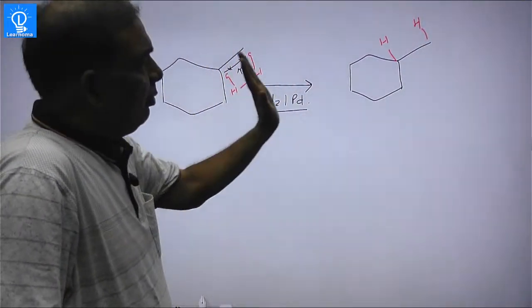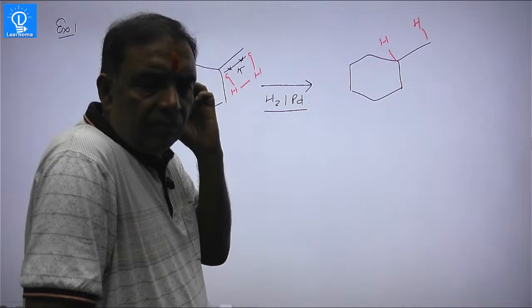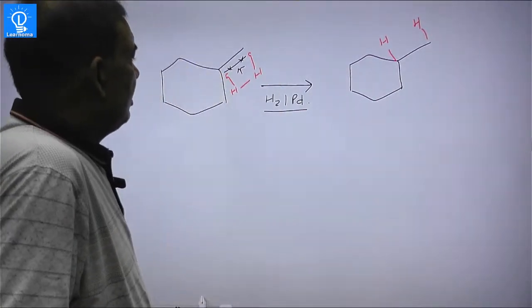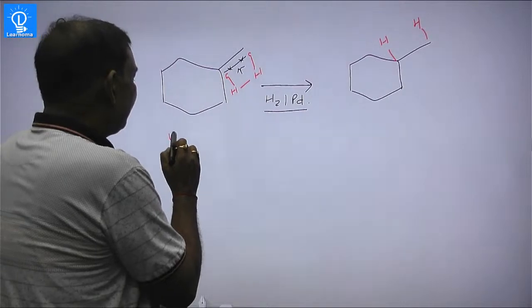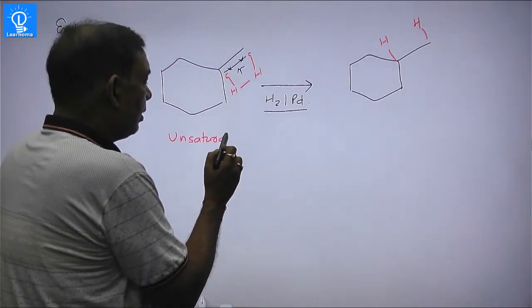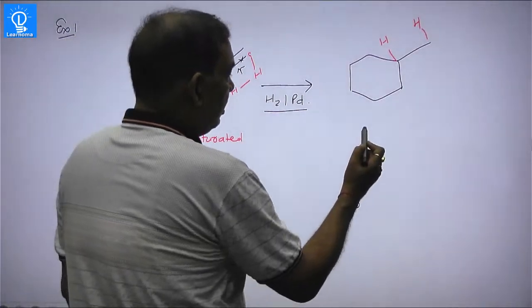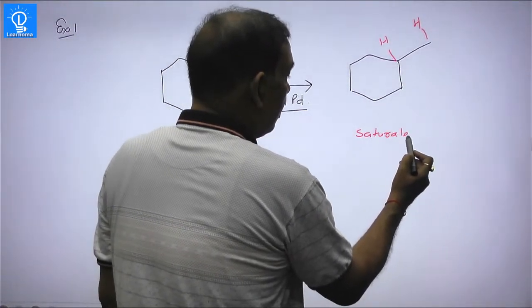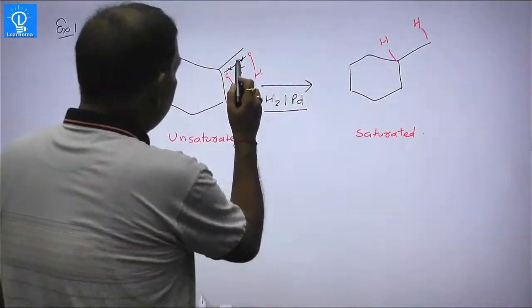See this, a simple layout. It will say a lot of things. Point number 1, this is unsaturated. This is saturated. This has 2 DU.